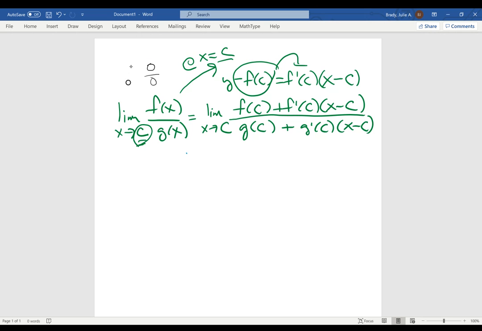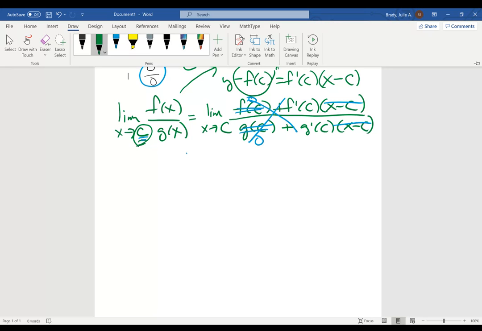Now here's why you can only do it for two forms. The first form is 0/0. If this form was 0/0 at c, this number is 0, and this number is 0, which means all this part goes away, and this is the same.